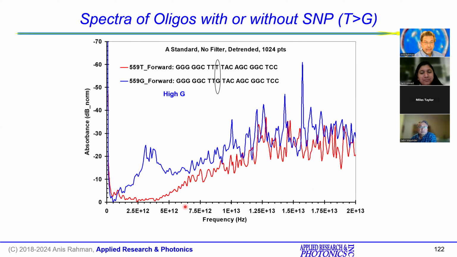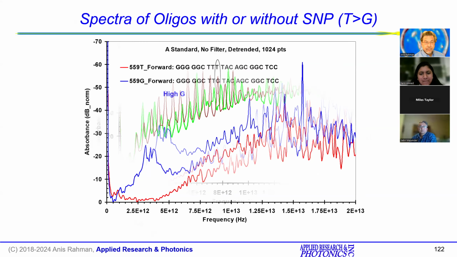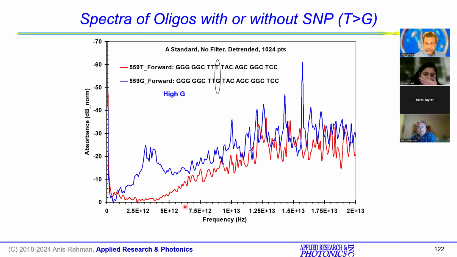I'm showing the spectrum here, but there was a lot of work done in this area. Particularly, we were interested to identify or learn the signature of what they call a single nucleotide polymorphism. I did not introduce a lot about that, nor am I an expert of that by any chance.